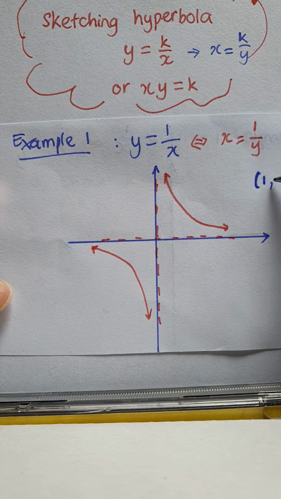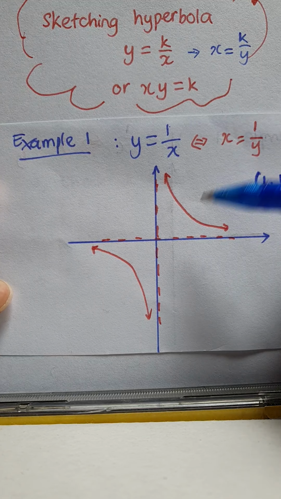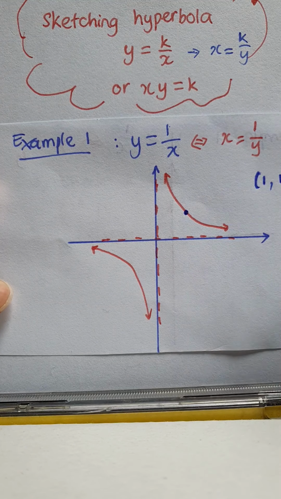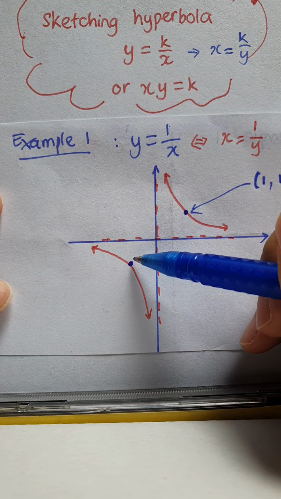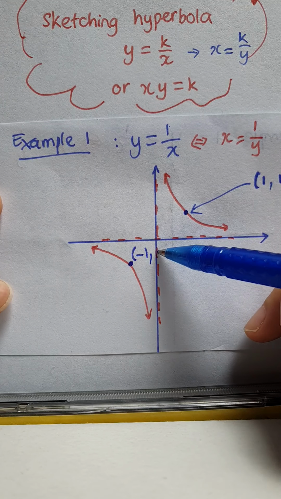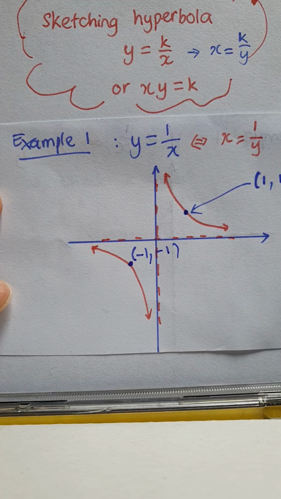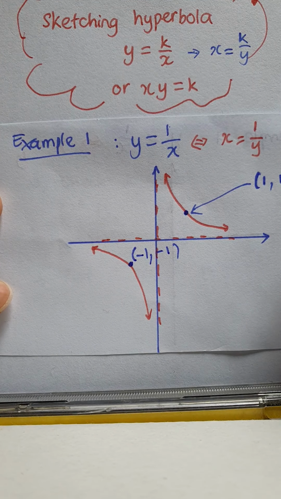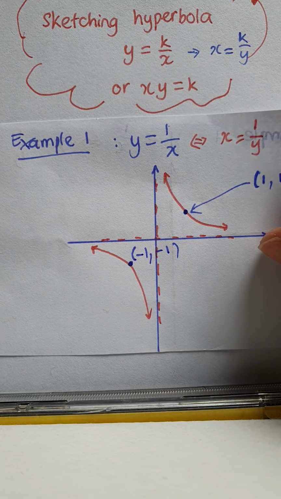You have 1 divided by 1, which is 1. That's why I said it's a special point. You can easily work it out by looking at the k number. So the coordinate here will be negative 1, negative 1. And you're done.